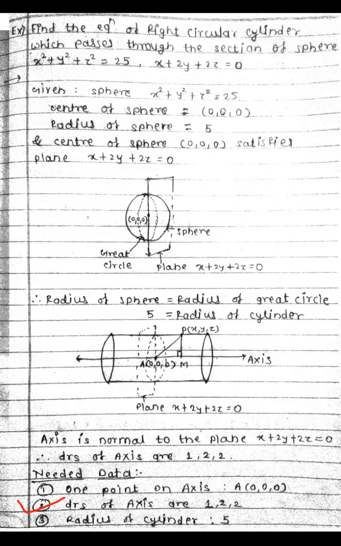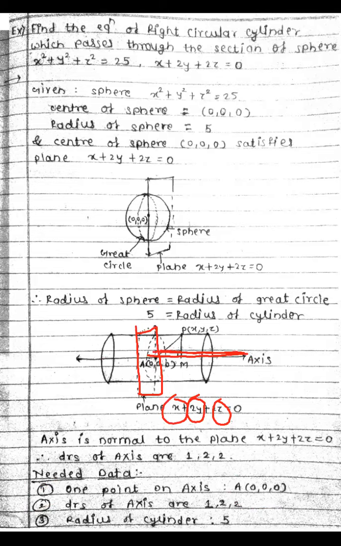So we use one concept here: if a plane is given and a line is perpendicular to that plane, then the direction ratios of that perpendicular line are the coefficient of x, the coefficient of y, and the coefficient of z.